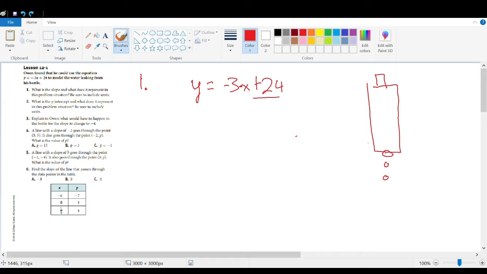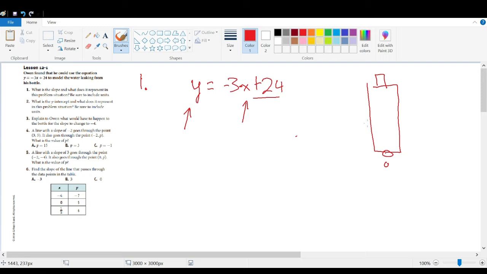The thing is that all the water won't come out at once, right? Because the hole is very small. Imagine the hole is much smaller than I drew it. So if the hole is very small, all the water won't come out at once. So what he's done here is he's basically written an equation to represent how much water has fallen out of his bottle as time progresses. So at the time x, if x is say 1 second or 5 seconds or 10 seconds, then we can figure out the height of the water y.